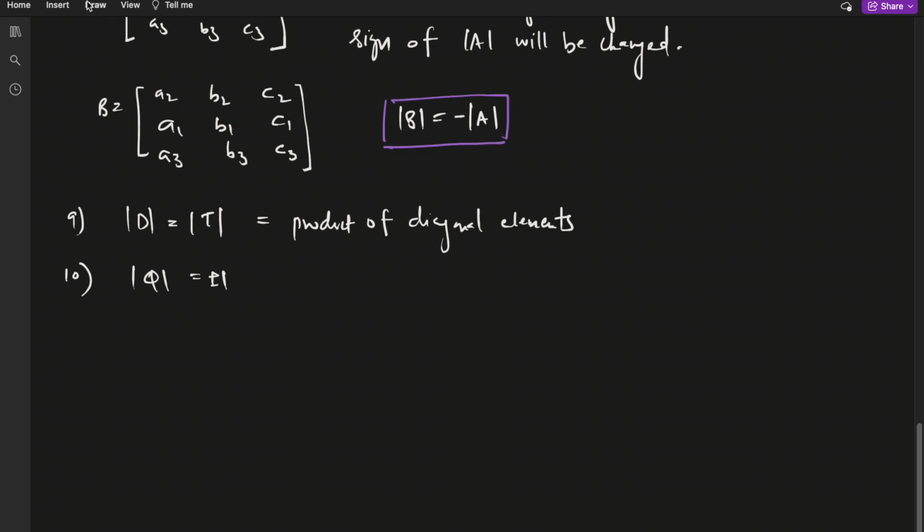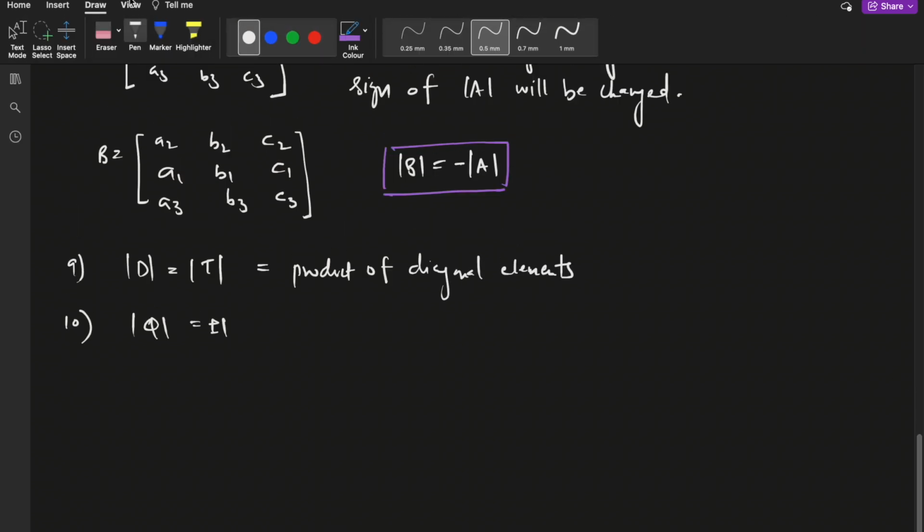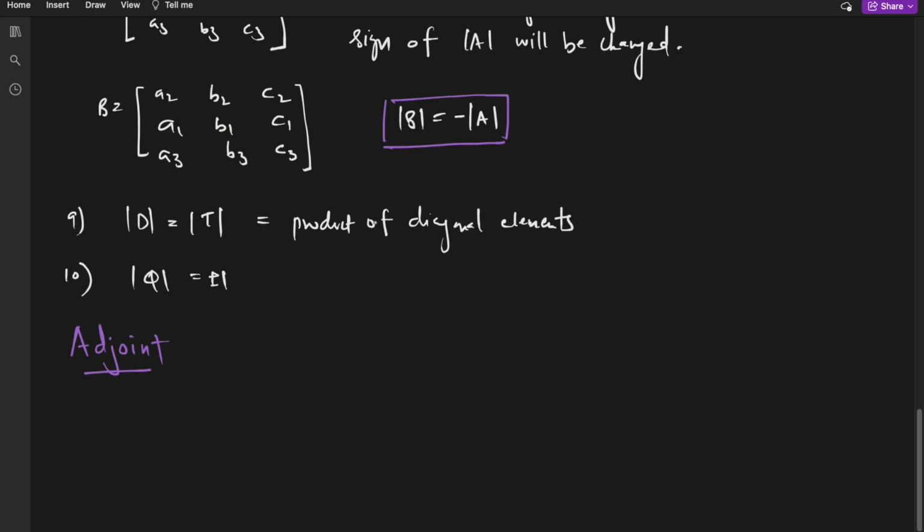Now our next topic is adjoint. So how is adjoint calculated?